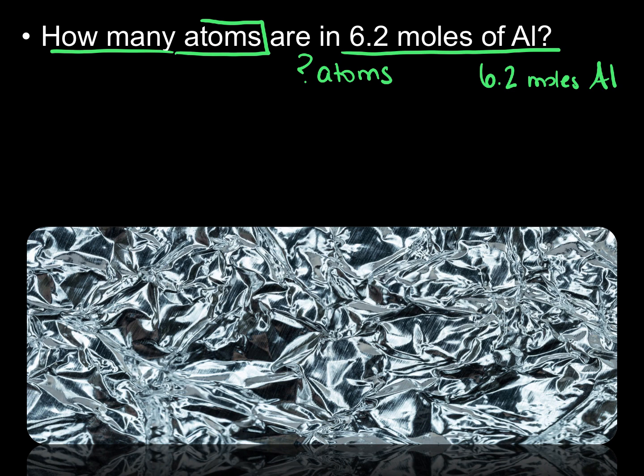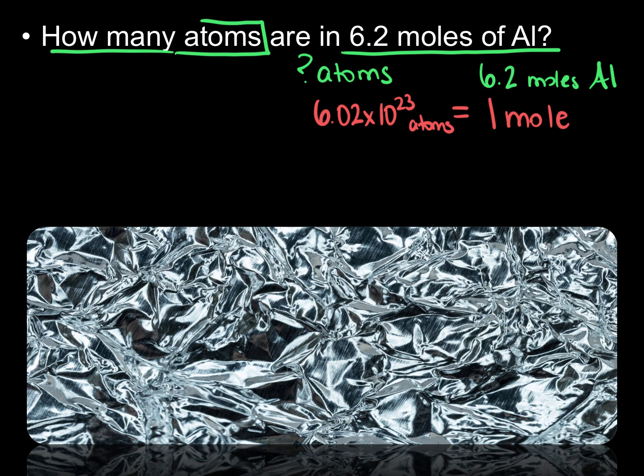I know that for every 1 mole of any material, there are 6.02 times 10 to the 23rd atoms of that material. So what I can do now is use this relationship to find out how many atoms there are if I have 6.2 moles of a material.